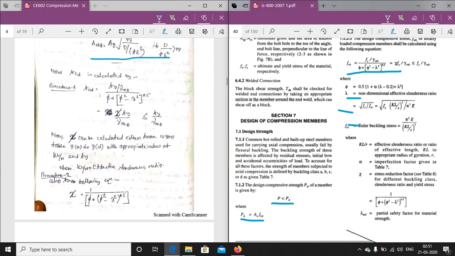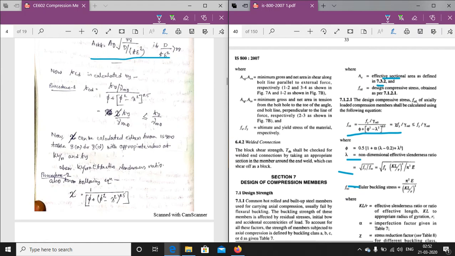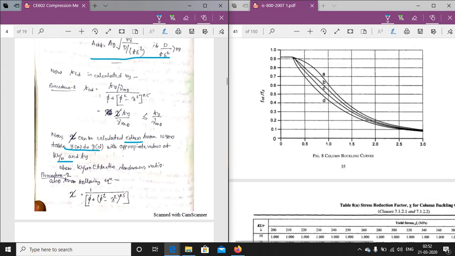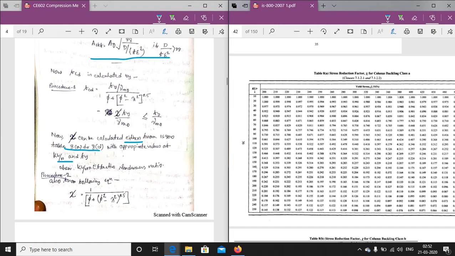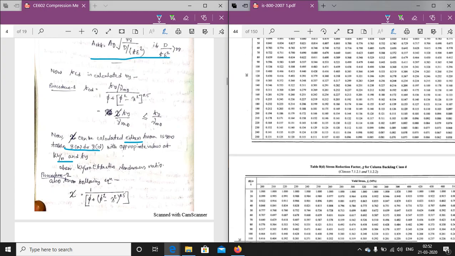Now the value of xi can be calculated either from IS 800 table 8A to 8D with appropriate value of KL by R and Fy. This is table 8A, the value of stress reduction factor xi for KL by R ratio and Fy. These four charts are given. This is the first procedure.